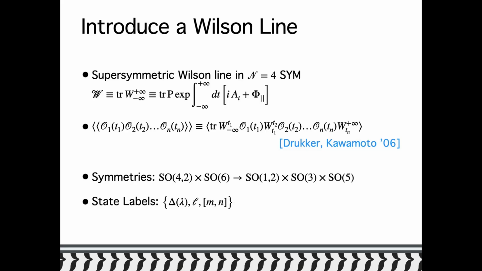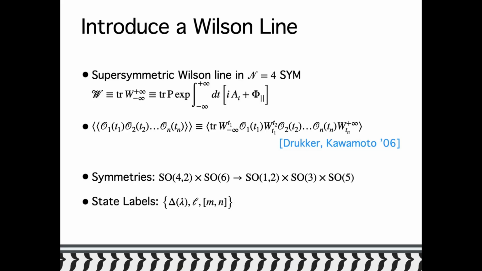You start at the point minus infinity, and you draw a Wilson line until point T1. Then at T1, you make an insertion of an adjoint valued field. Then you make another line segment between T1 and T2. At T2, you make the insertion of another adjoint valued field. Then you introduce another line segment, make another insertion, and go on until you have made n insertions. Finally, from the nth insertion to infinity, you introduce the last Wilson line segment. And to make everything gauge invariant, you take a trace over the entire thing.